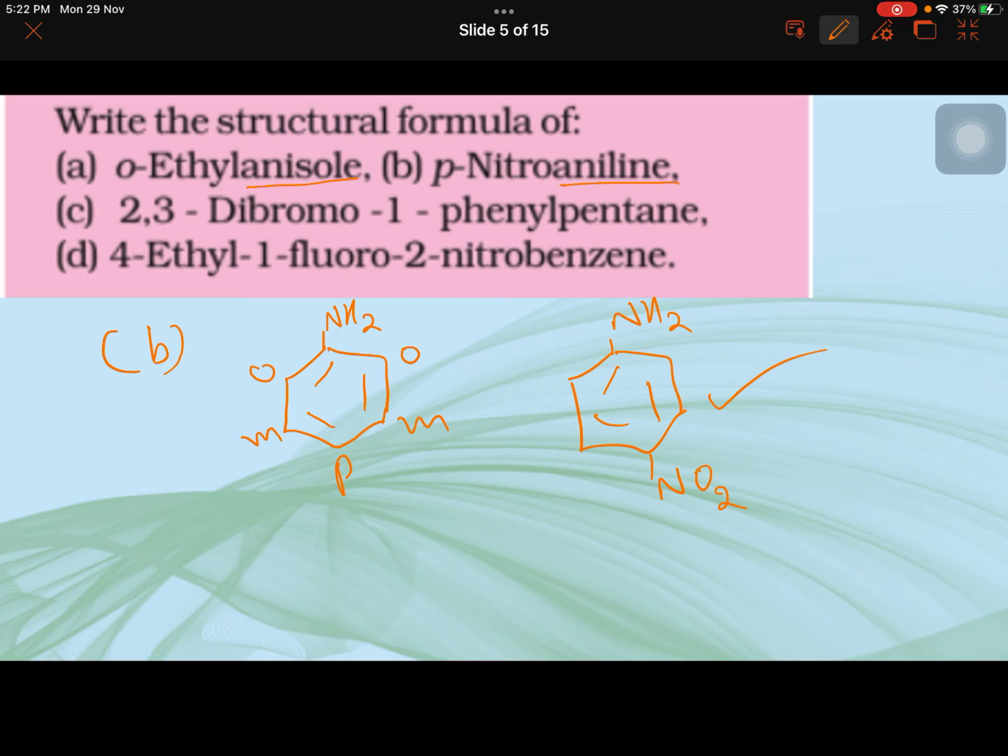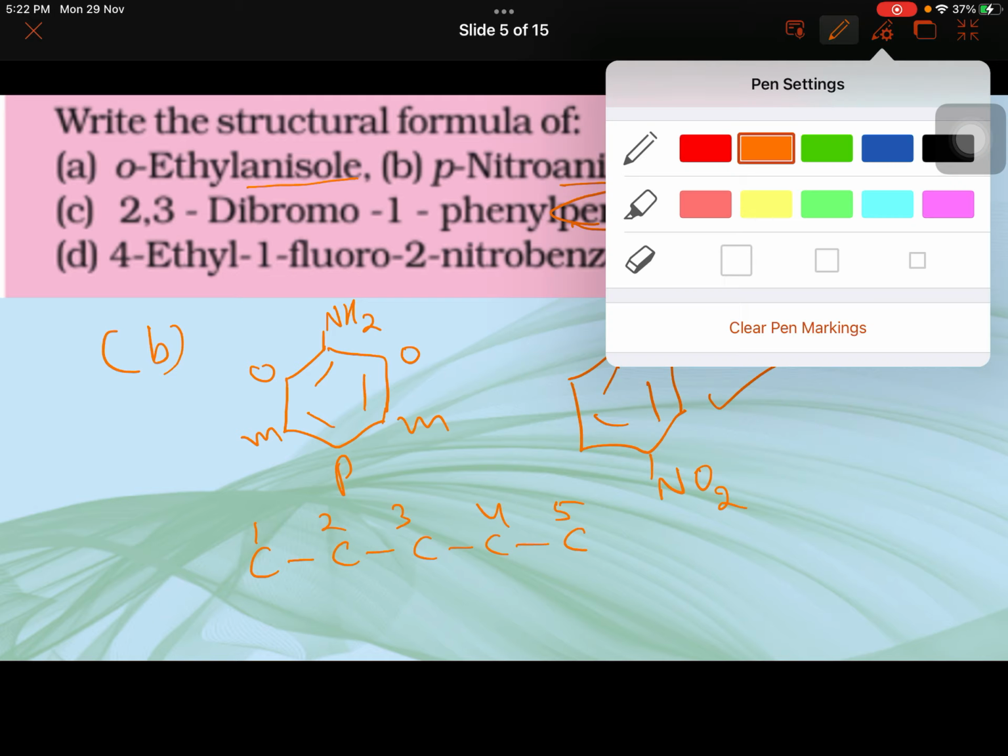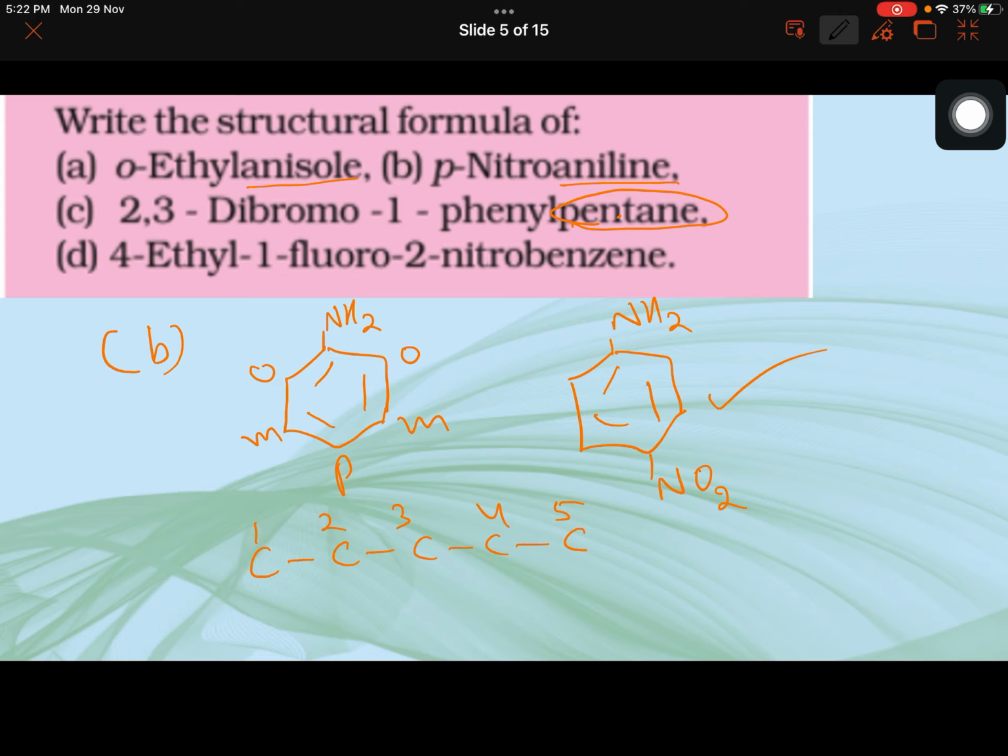Third is 2,3-dibromo-1-phenylpentane. Now pentane is the parent compound. 1, 2, 3, 4, 5. If I start numbering from the left hand side, the compound is having 2,3-dibromo.